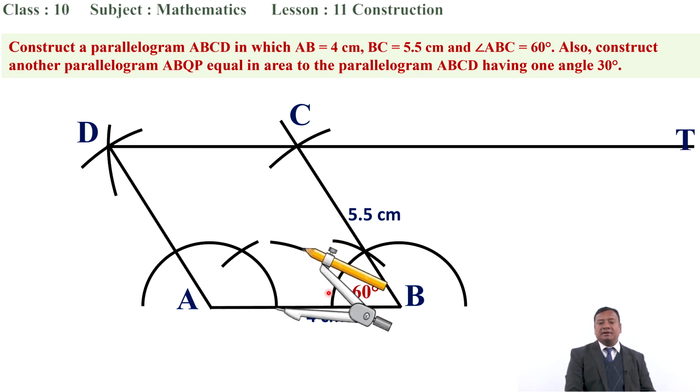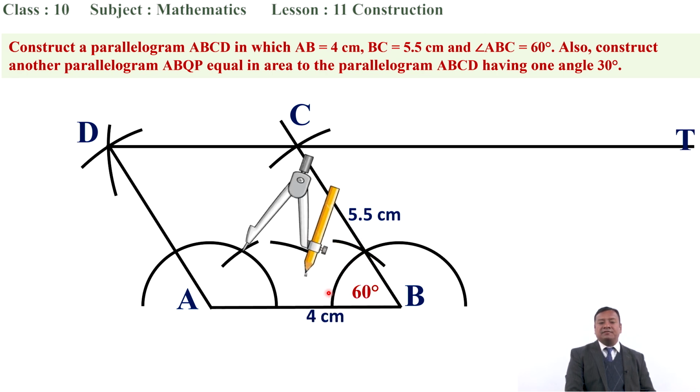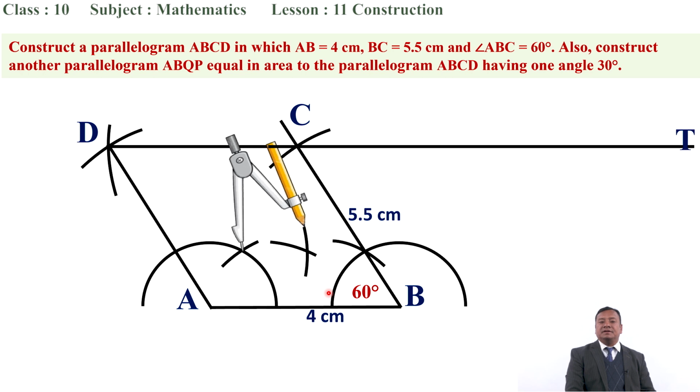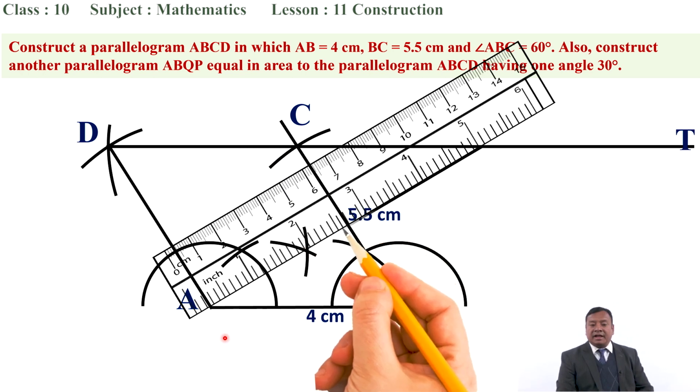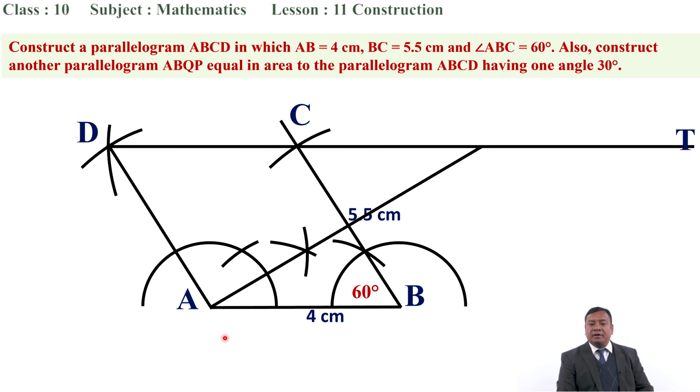Like this, from 0, and the next is from 60. Now when we join A and this intersecting point, this line must intersect the line DC produced, okay? And at this point, now we have this angle of 30 degrees, yes?